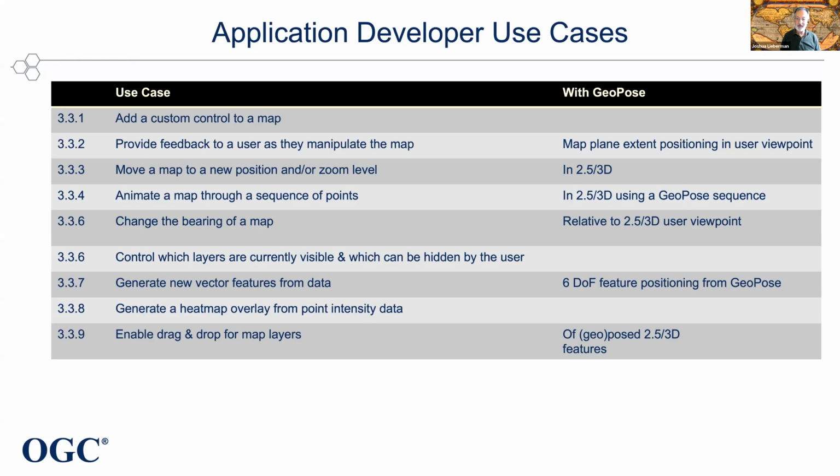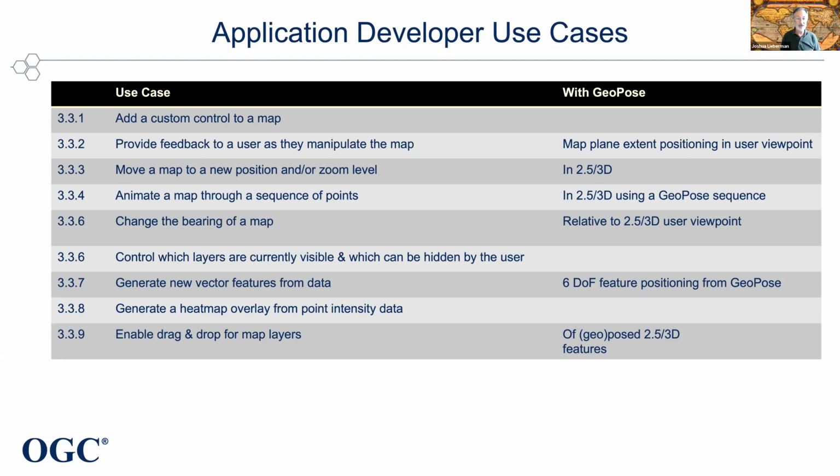And then looking at being able to generate new vector features. So having GeoPose as an interchange format enables you to take data, use that positioning from myriad sources, and create new vector features. And in fact, update those features, for example, by being able to drag and drop a GeoPose object.